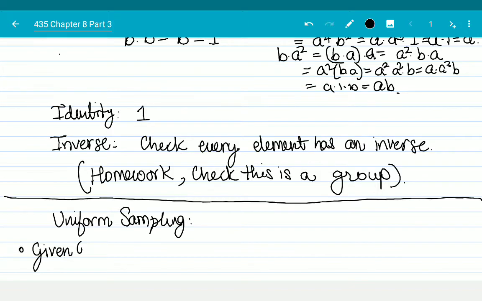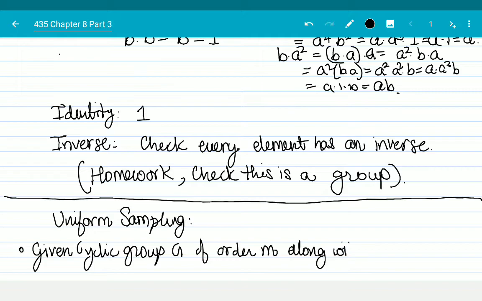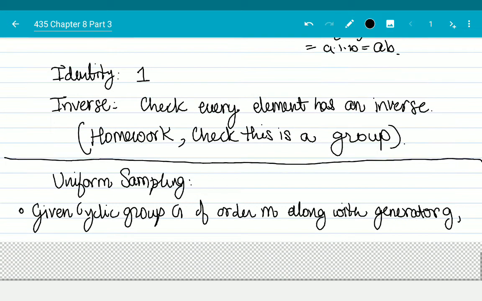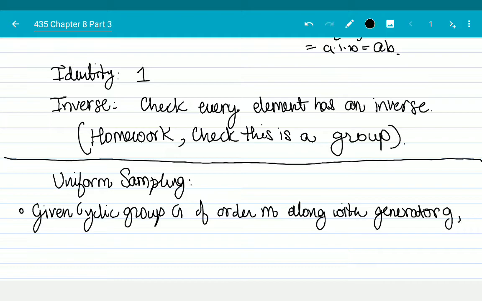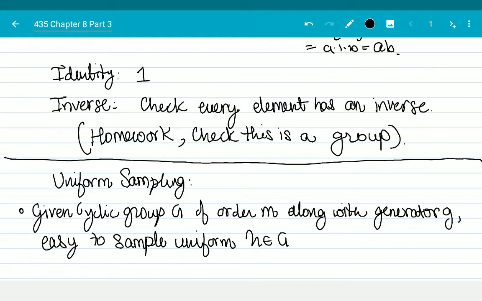Given a cyclic group G of order m, along with generator g, it is easy to sample a uniform h belonging to G.